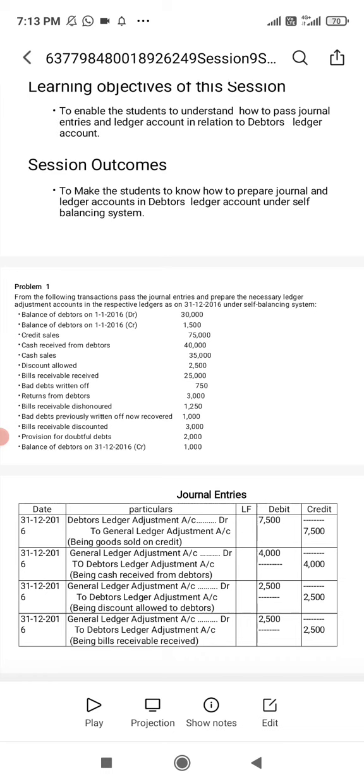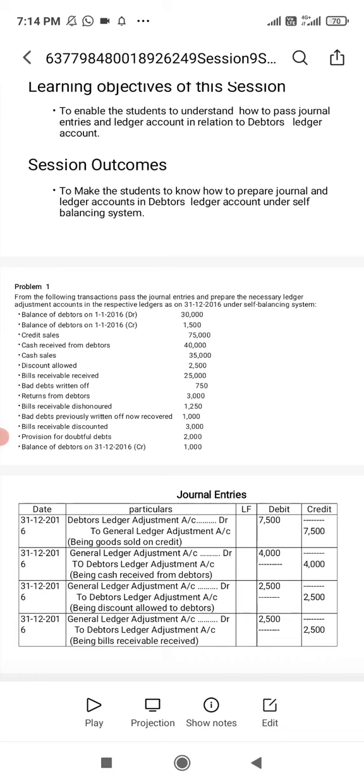Cash received from debtors, again debtors ledger credit side. Cash sales you have to ignore. Discount allowed, again you have to enter under the credit side of the debtors account. Bills receivables received, again credit side. Bad debts written off, again credit side.